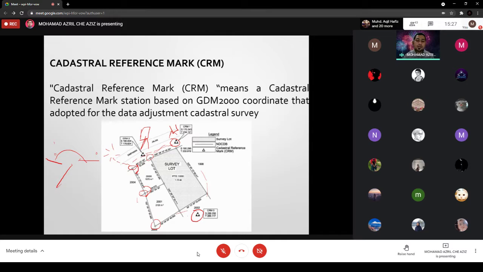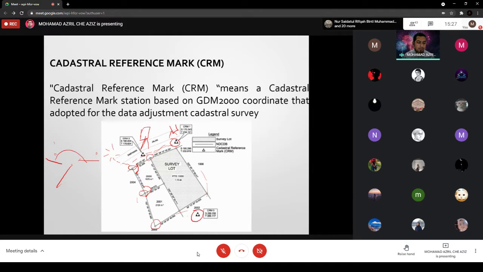For example, in order to use a GPS, it needs a clear area. So for example, you are not under the canopy, you are far from the tree.